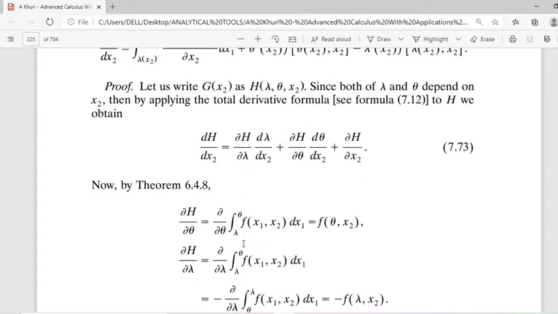Now we need to find ∂h/∂theta. We can apply the mean value theorem. So what is the mean value theorem?